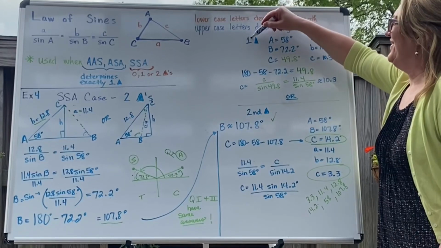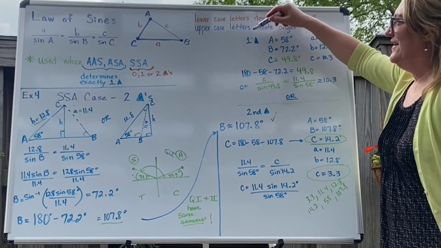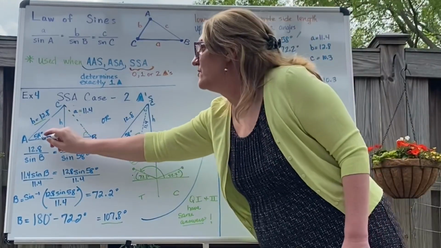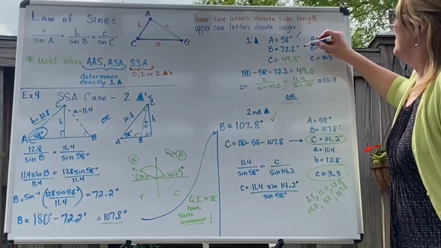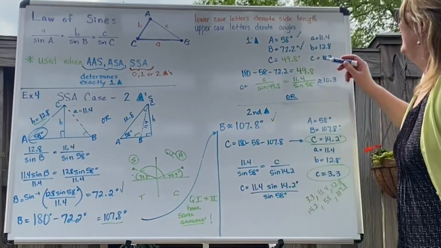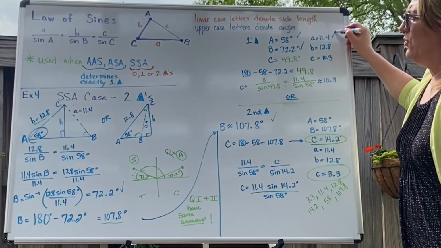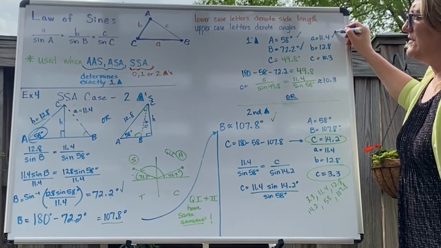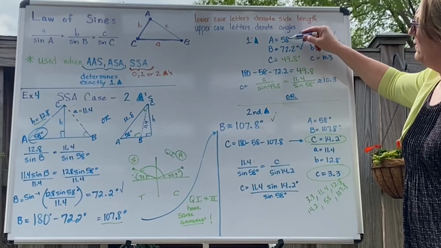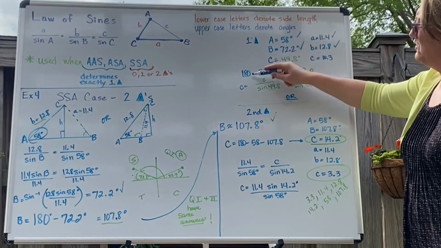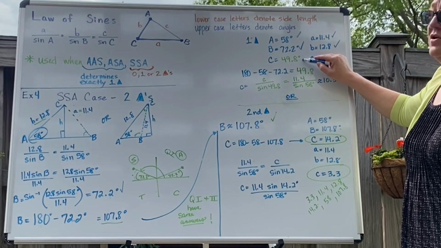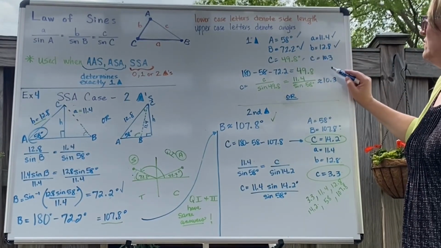The other triangle, triangle 1, is coming from given information. 58 degrees, that's what I was given, okay? The 72.2 degrees that I found right there. And I had 11.4 for side A and 12.8. So if I take these two angles and add them up and subtract from 180, I'll get that angle C could be 49.8 degrees.